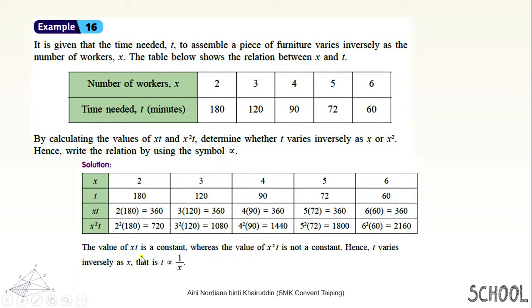So the value of xt is a constant, whereas the value of x squared t is not a constant. Hence, we can conclude that t varies inversely as x.